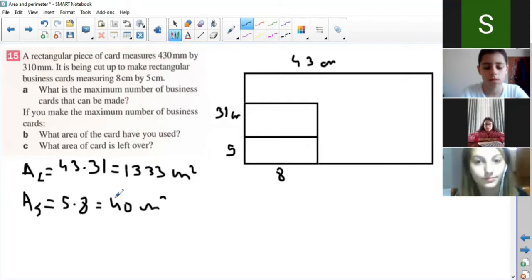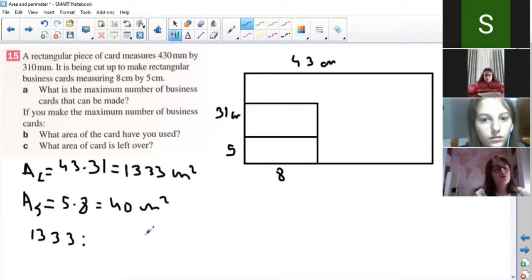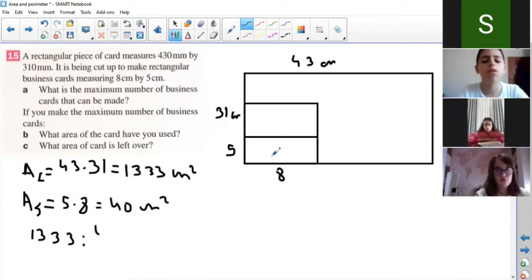From the large area, I will divide this area to see nearly how many small rectangles I can cut from this area. 33.325. Can we find it with remainder? The number that comes is 33 and the remainder is 3.